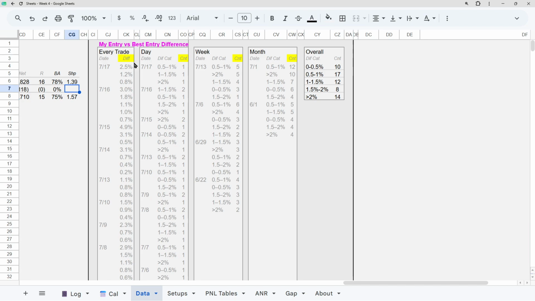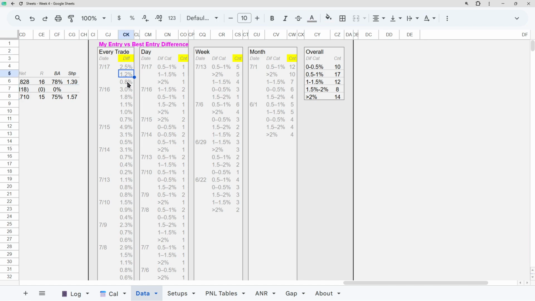I also track my entries per trade, per day, week, month, and overall, to keep a record of how good my entries are and how far away my actual entries are from the best entry price. I'm never going to be at the best entry price, because I'm choosing the very low for the day, for instance, and you're never going to get the very low for the day.